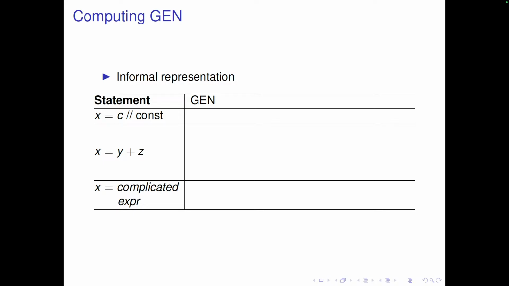So this is a forward problem, okay. Now you are given this statement, x equal to c. This is your block, okay, simple. What can you say about data that you will generate? Immediately after this statement, you can be very sure that x is going to be a constant. So the information you generate is x is a constant, okay.